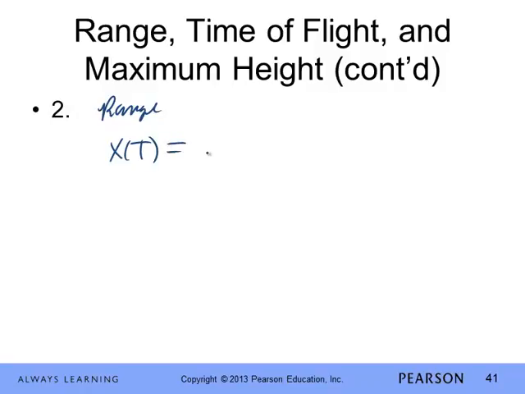So x of t is equal to the initial speed times cosine of alpha, and then times the time of flight. But the time of flight is 2 times the initial speed times sine of alpha over g.